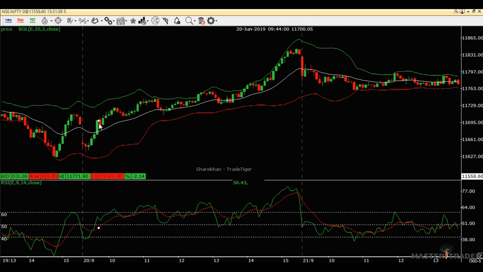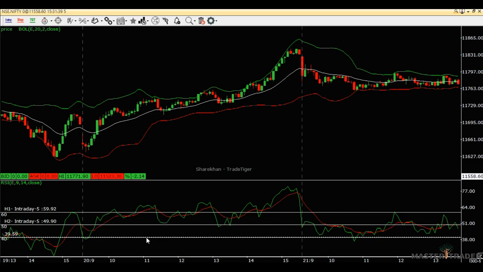Right now price is going up and RSI is also going up. RSI crosses 60. Let me draw a horizontal line like this so it becomes easier to see. Great. So that's 60, 50, 40.